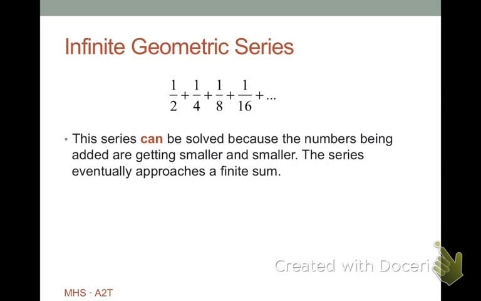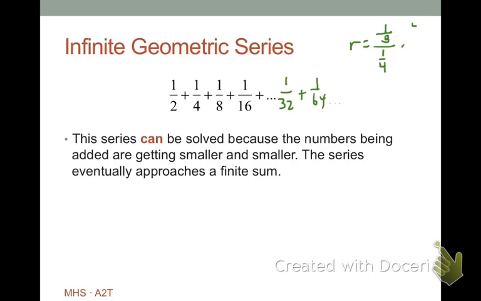Now in this particular case, we can get a solution or a sum because the numbers get consecutively smaller and smaller and smaller. So this series will actually approach a finite sum. We'll have an exact value as the number of terms approaches infinity. If we look at this one, you think about the sums here, they're going to get smaller and smaller.